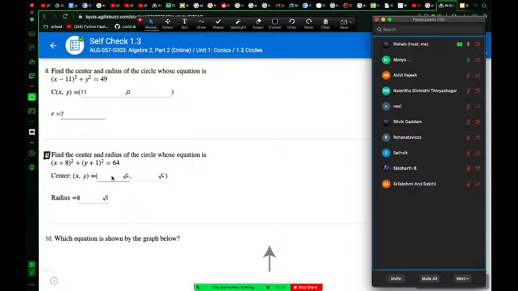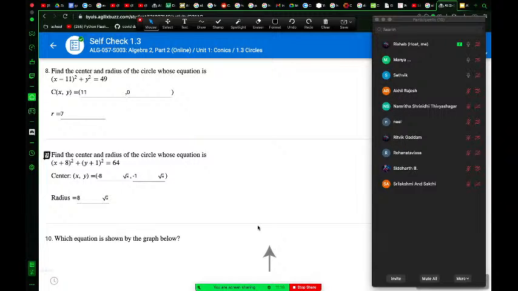We can't hear you, but the center is actually negative. Okay, oops. It's actually -8 and -1. Yeah, because... Did you get the same thing? Yeah, I did. Okay, good job.